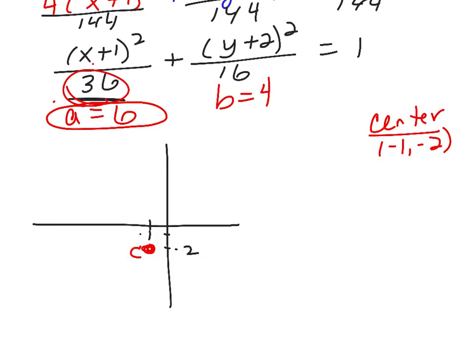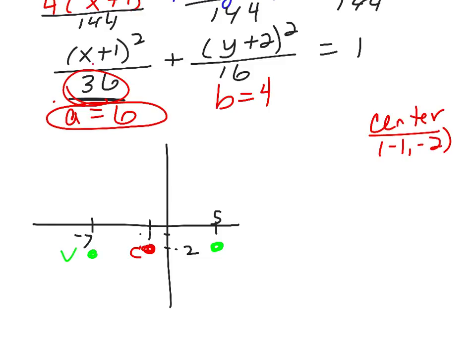Then I'm going to go left and right 6. When I go to the right 6, that's going to put me at 5, and to the left 6 is going to put me at -7.